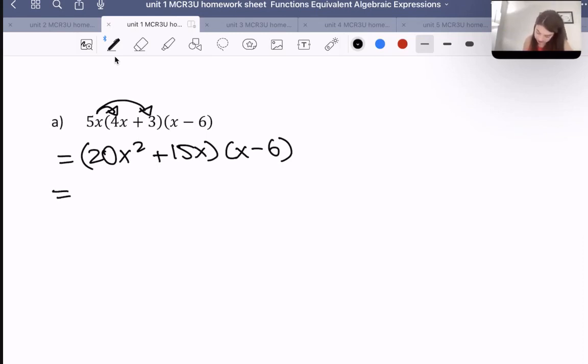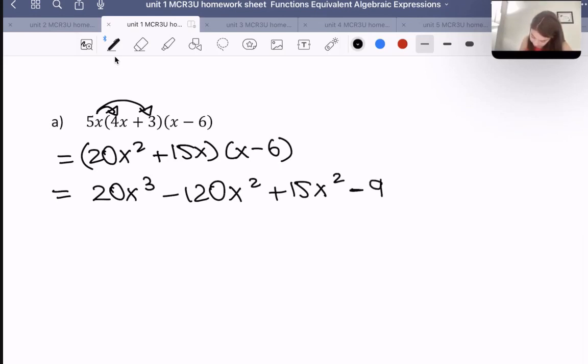So 20x squared times x is 20x cubed. Then we have minus 120x squared, then plus 15x squared, then minus 90x, I believe. Is that right? Yes, that is right. Okay, minus 90x.